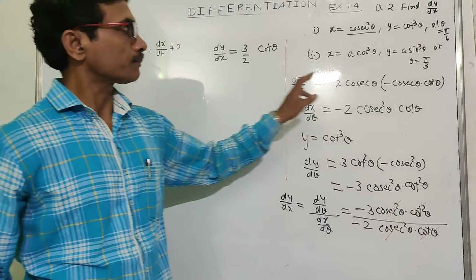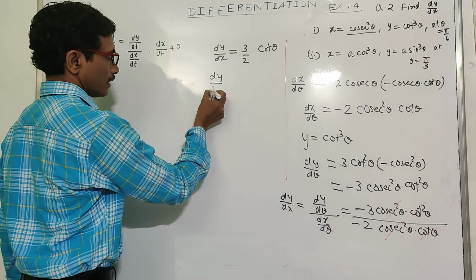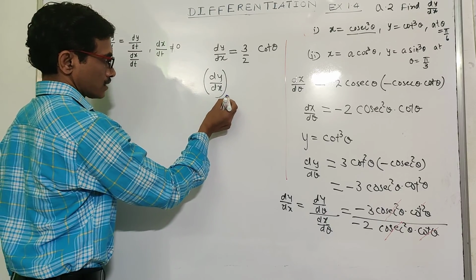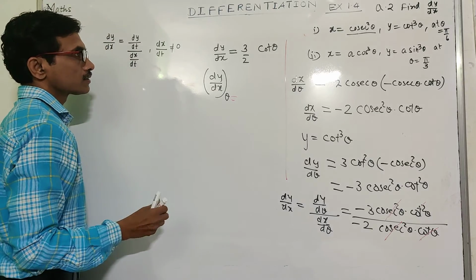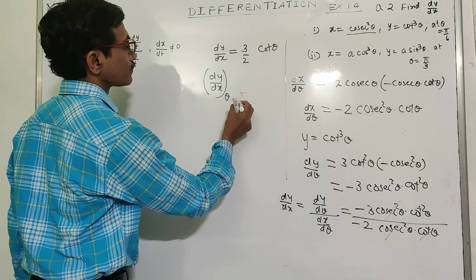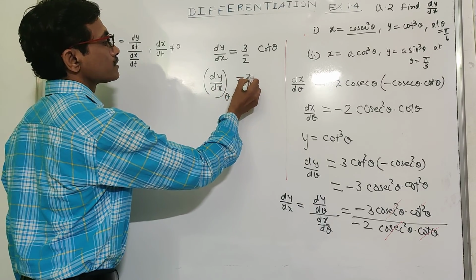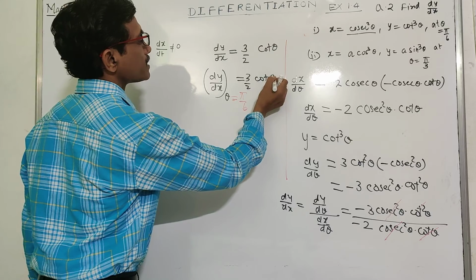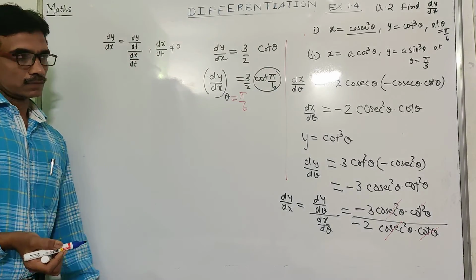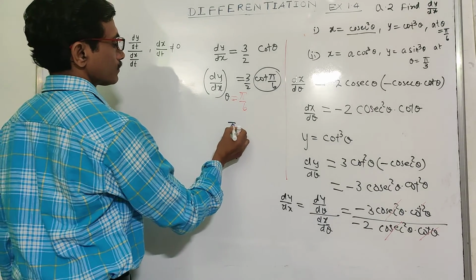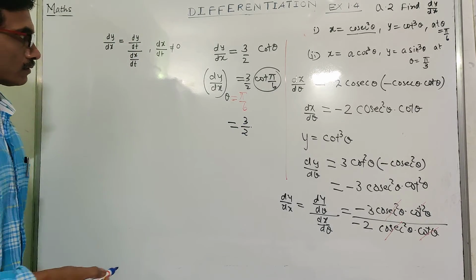Now we find this at theta is equal to pi by 6. Therefore dy by dx at theta is equal to pi by 6 will be 3 by 2 times cot of pi by 6, which is 3 by 2 into root 3.